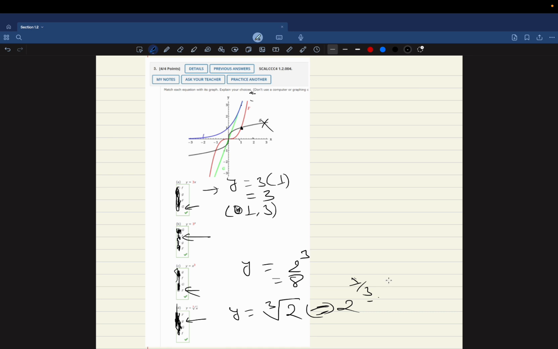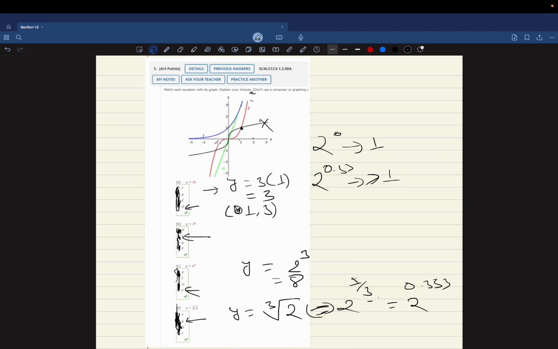Now 1/3 will be a third of 1, so it will be 0.333. 2 to the power 0 is 1, anything to the power 0 is 1. Now if we don't use a calculator, then we can estimate it this way. So 2 to the power 0.333 will be a value greater than 1, but not that significant.